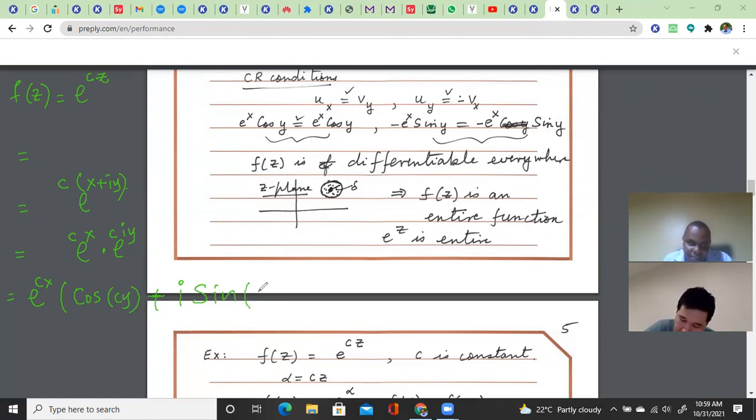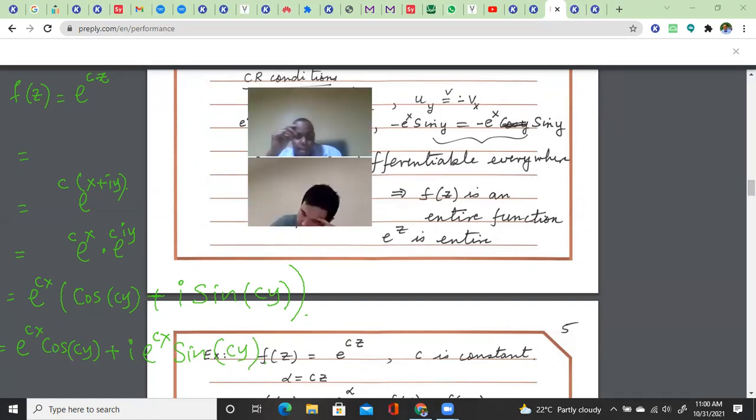So it will be e^(cx) times (cos(cy) plus i sin(cy)). Okay, same: e^(cx) cos(cy) plus i times e^(cx) sin(cy).